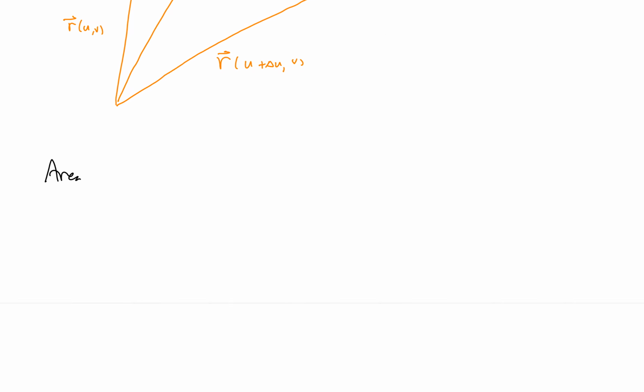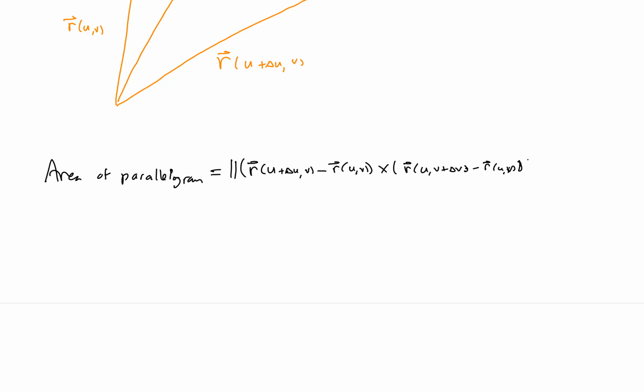So the area of the parallelogram, we think back to what we did with cross products. This is the magnitude of r of u plus delta u, v minus r of u v crossed with r of u, v plus delta v minus r of u v, magnitude. So that gives us a good approximation for the surface area there.